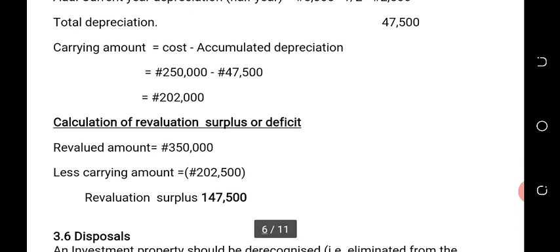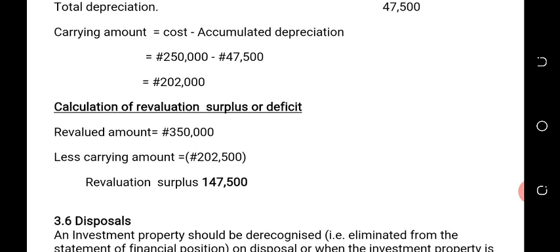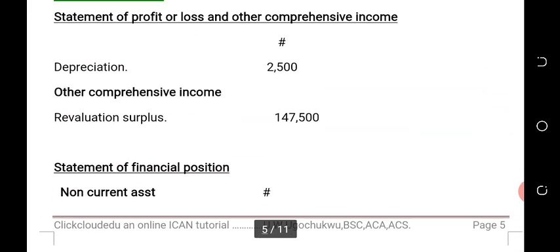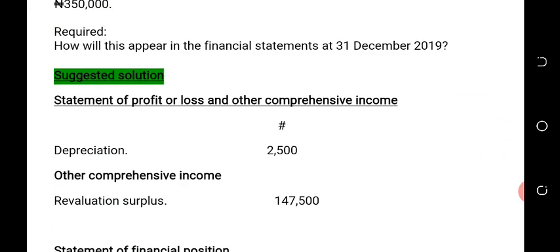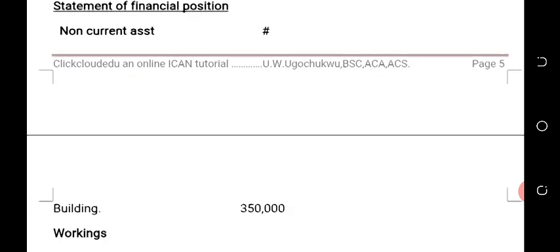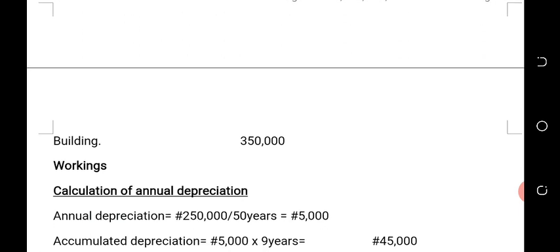By doing that, you find out that the current value, which is the fair value of the asset, is 350,000. That's the figure that will affect our statement of financial position, 350,000 naira, which is our revalued amount.